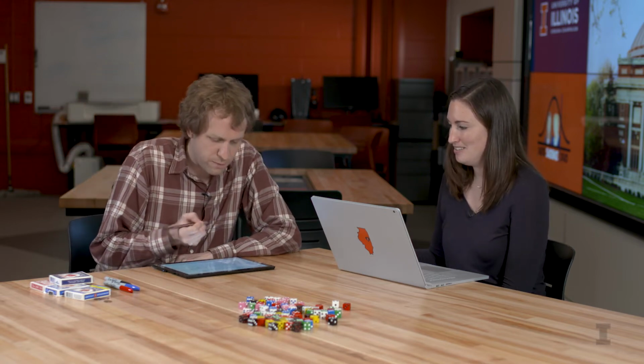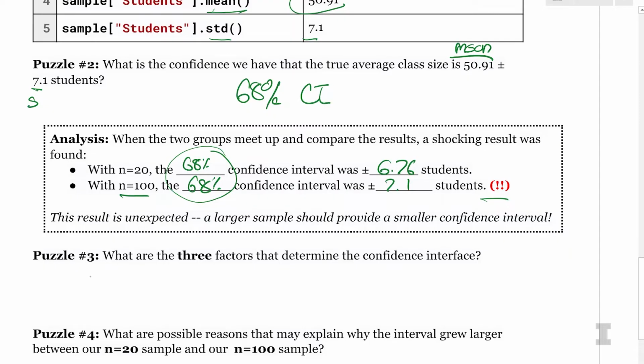So there's a few different factors that affect the confidence interval. One factor is n, the number of people. As n goes up, we expect the width of the confidence interval to go down, to get narrower and narrower, because the more people we have, the closer we are to the entire population.